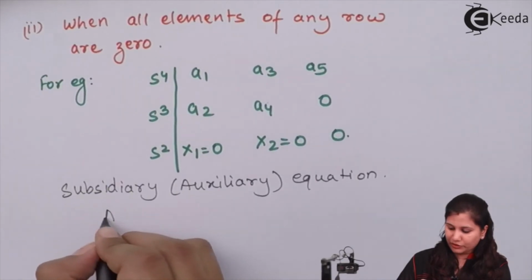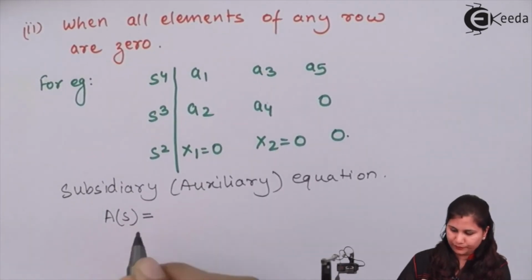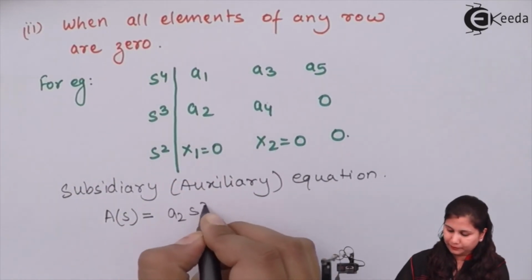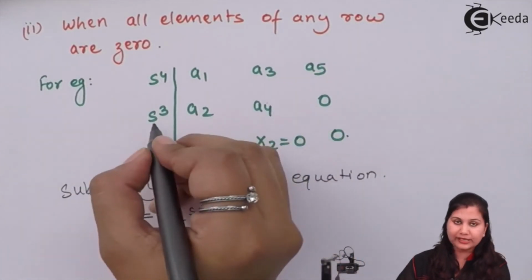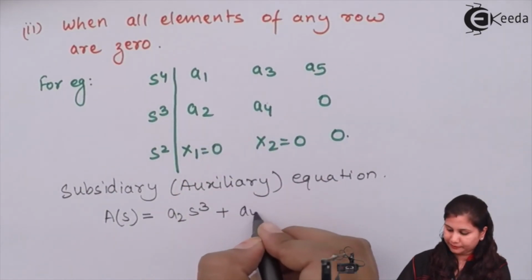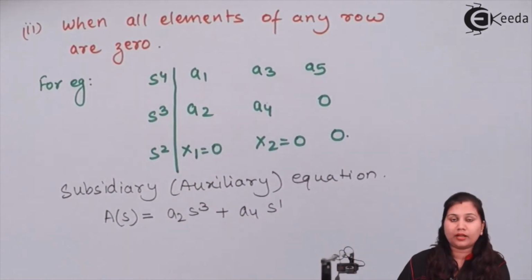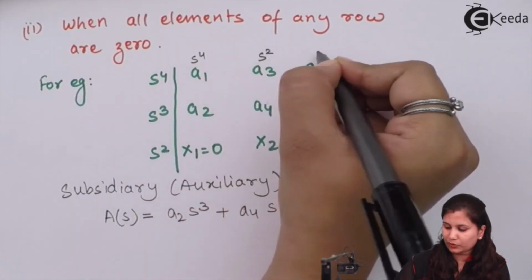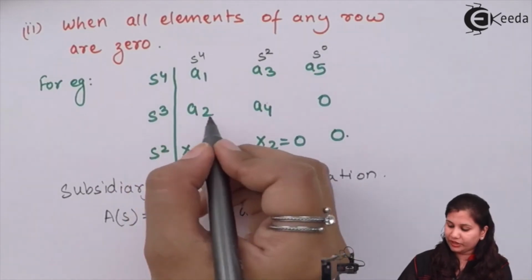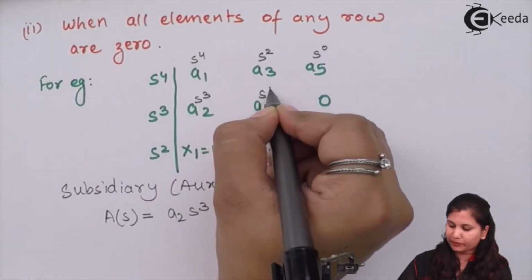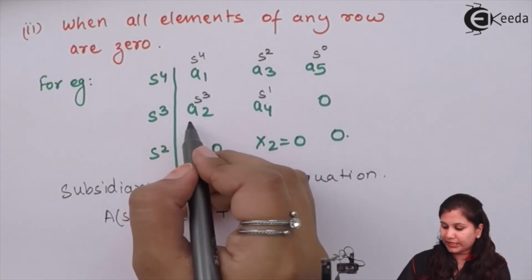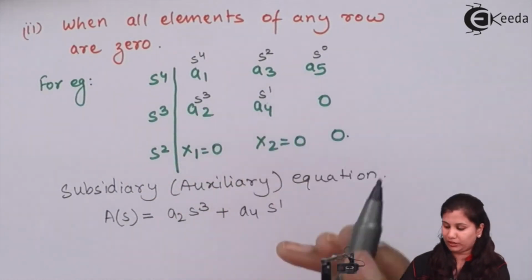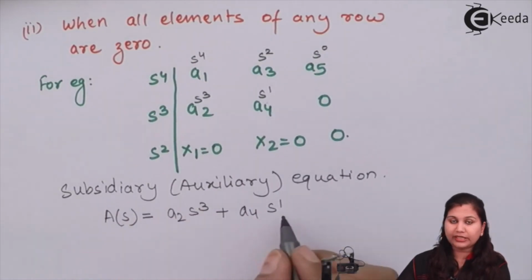This auxiliary equation is A(S) equals to A2 S cube plus A4 S to the power 1. Because here we are having the coefficients of S to the power 4, S square and S to the power 0, here we are having S cube, S to the power 1. So this is A2 multiplied with S cube plus A4 multiplied with S1. So this is the auxiliary equation.